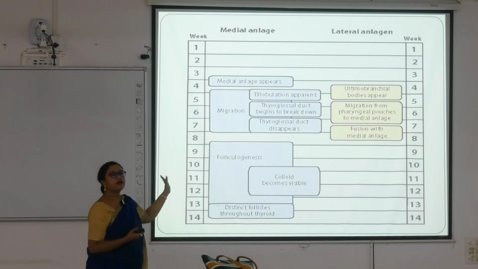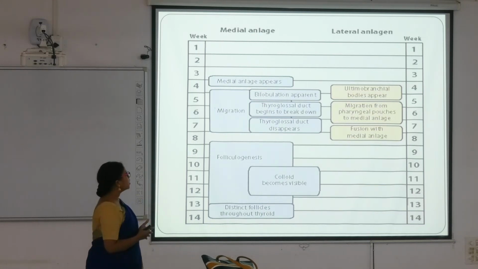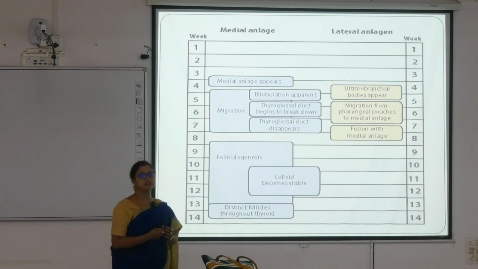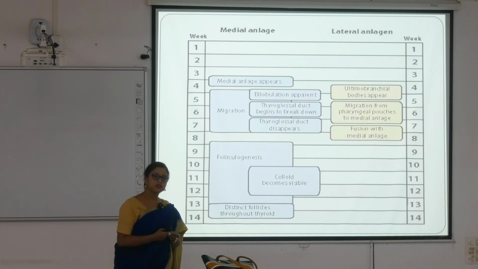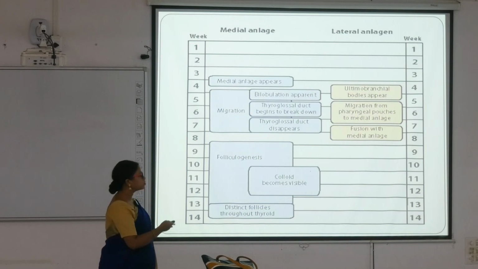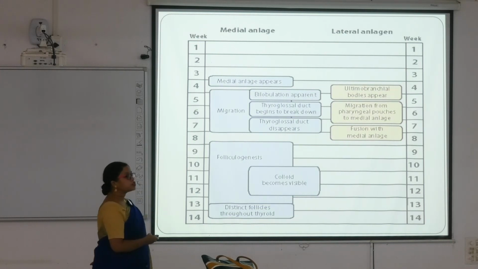Additionally, they have also shown the ultimobranchial bodies, and here also the folliculogenesis, different types of thyroid follicles, which will give the thyroxine and triiodothyronine. So these will give rise to the colloid of the thyroid. This happens much later, you see, 9 to 14.